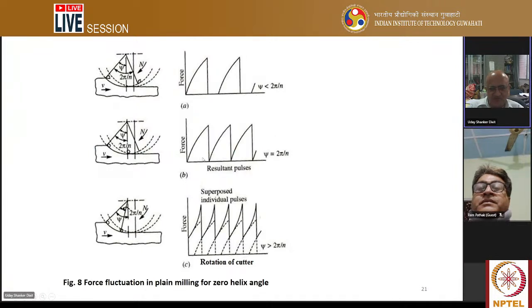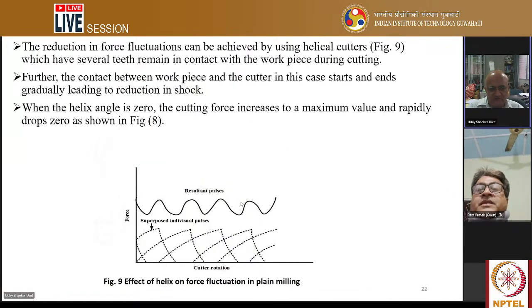And if you have more number of teeth, then this force has finished, by that time another one has come. So if you increase the number of teeth, then more or less cutting action will be uniform, but you will not get enough space between the teeth, and so chips may also get clogged. So that is why you should have an optimum number of teeth.